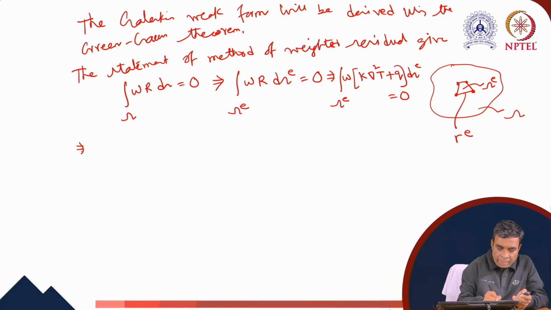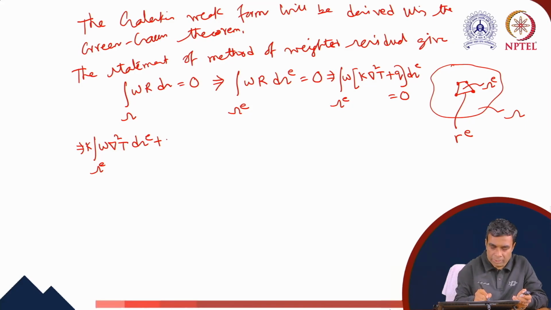We simplify it as integration over omega e w, k is outside by taking k as constant, w del square t d omega e. We also take the heat source term as constant. It gives us q outside, integration over omega e w d omega e equals to 0.